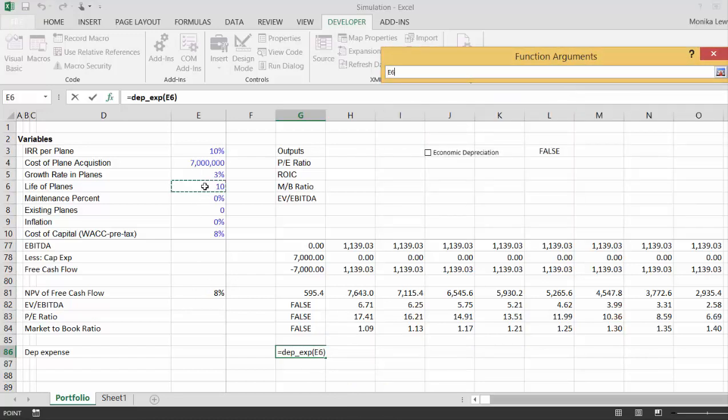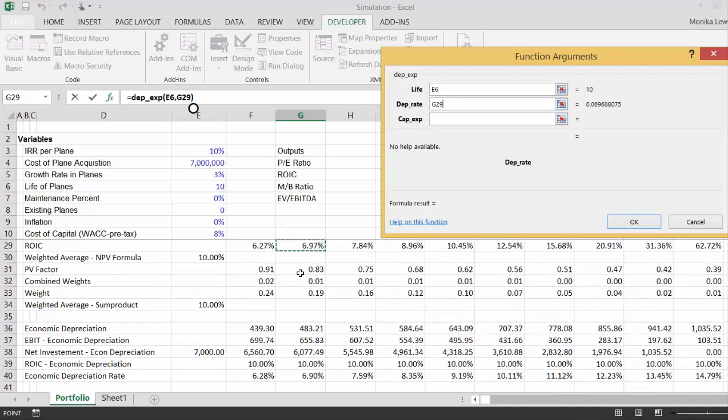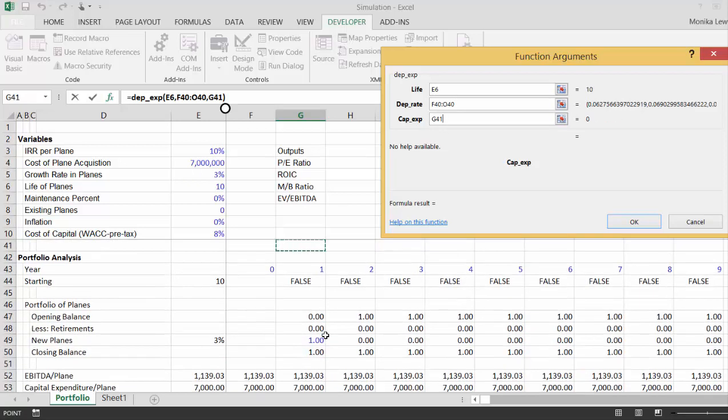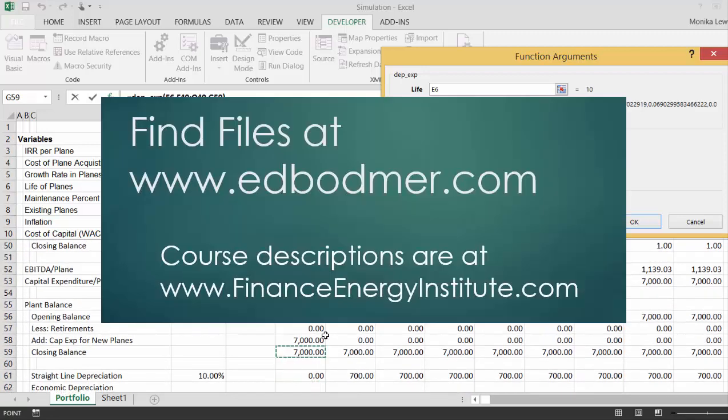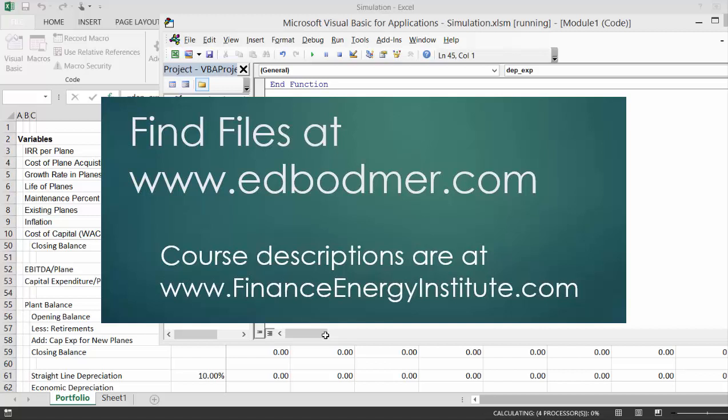So we want to put the life, the depreciation rate, and that's the economic depreciation rate that I was talking about. We can do this. And then the key thing is to put the CapEx. And then we have the CapEx plus the plane and the CapEx. And press OK. Oops.